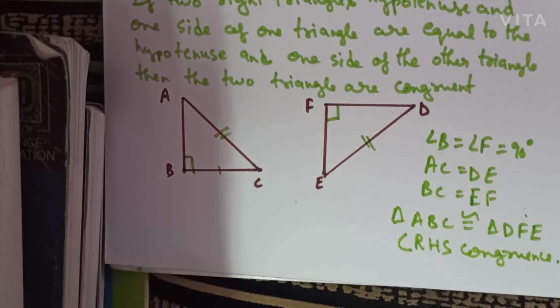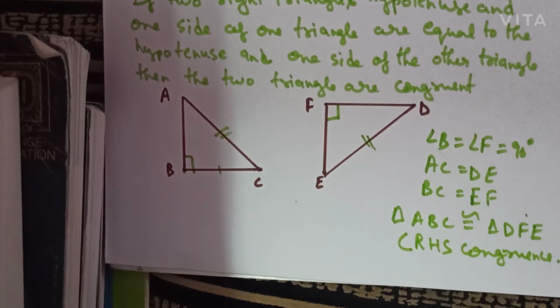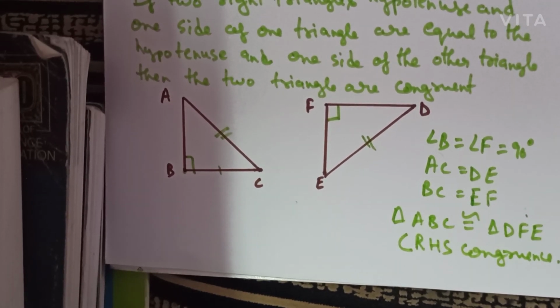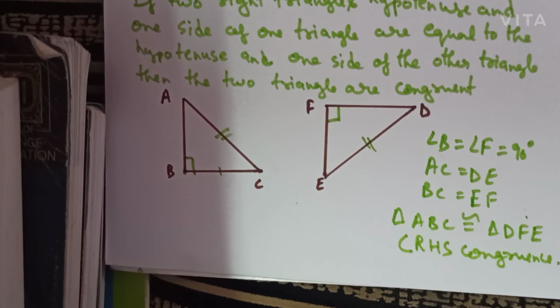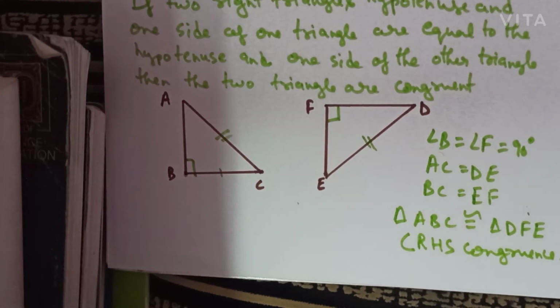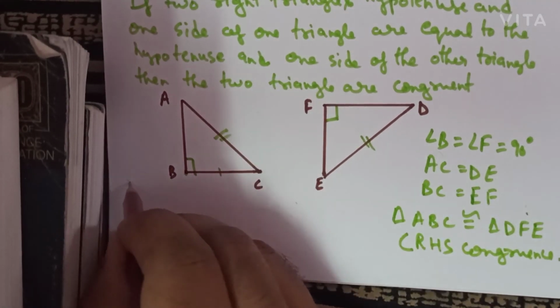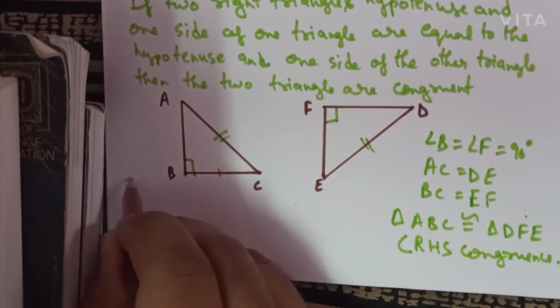So I hope you have understood all the congruence conditions. One more very important thing to note: if there are two triangles and both are right angle triangles, it is not necessary that their congruence is proved by RHS congruence only.